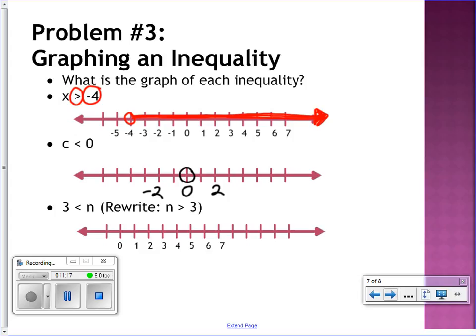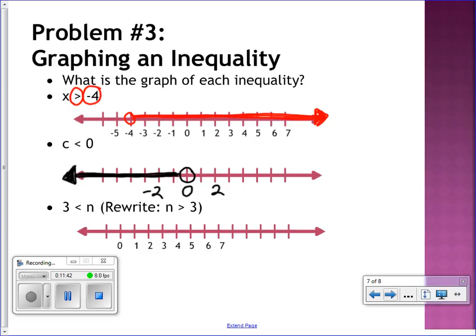And this time we want every number that is less than. So that will be all of these negative numbers going in this direction. And again, we'll put an arrow on it to show that it is continuing forever.